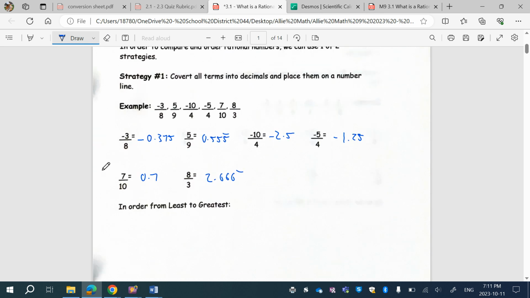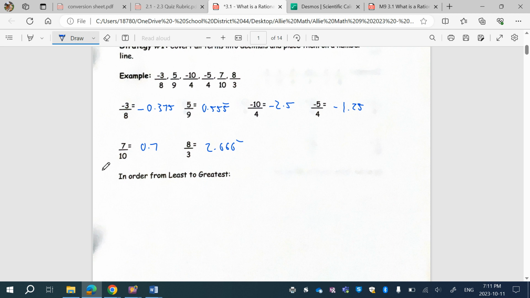So we can order these from least to greatest. Least is going to be the most negative. So we can now go -10 over 4, comma. The next most negative is -5 over 4. I'm choosing now to write it in the fraction, but you could write it as a decimal if you want.